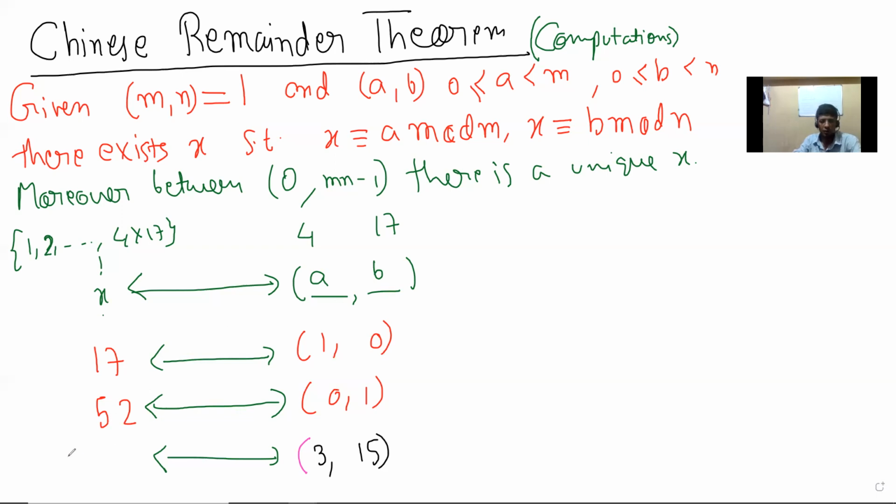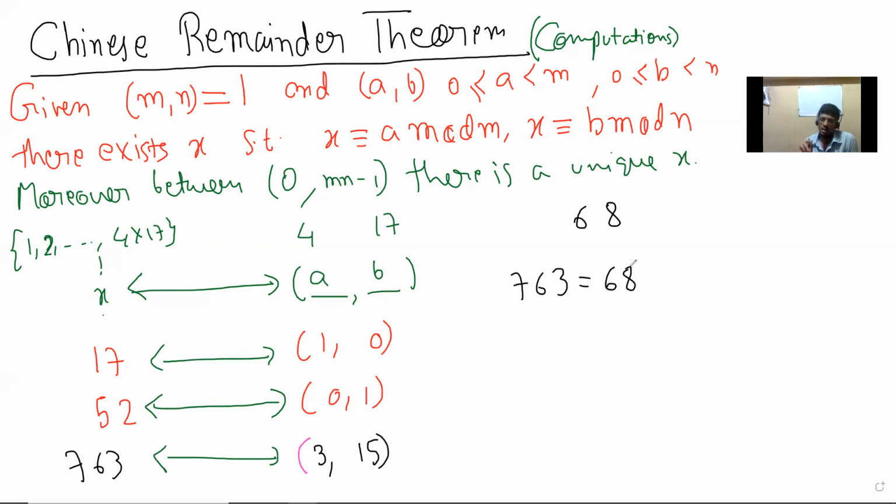763. So 763 is a solution, right? And so what copy is it in 1 to 4 times 17? So you have to subtract certain multiples. 763 is fine, but if you want to bring it into the range 1 to 68, then we should do that.